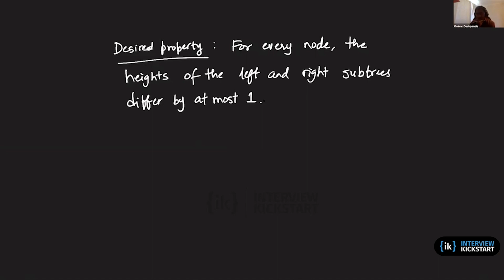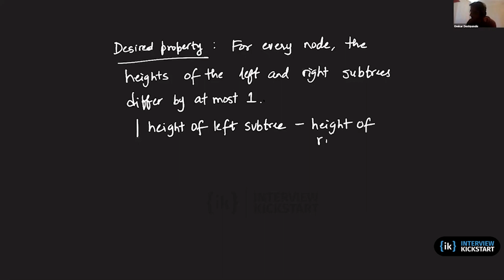So another way to say this is the mod of the height of the left subtree minus the height of the right subtree is less than or equal to 1.